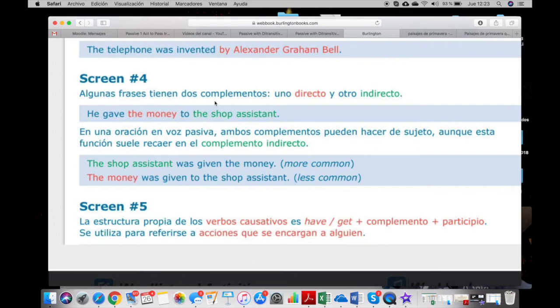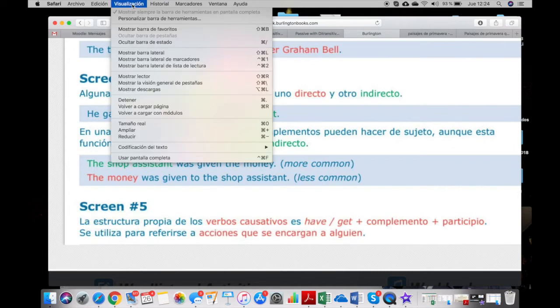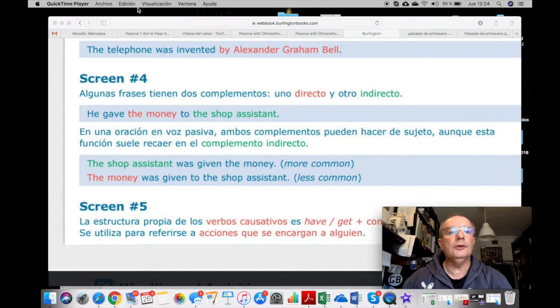So as it happens in this kind of active voice, in this case where you can have two different objects, then we will have two possibilities for the passive, okay? Here you have the two possibilities.